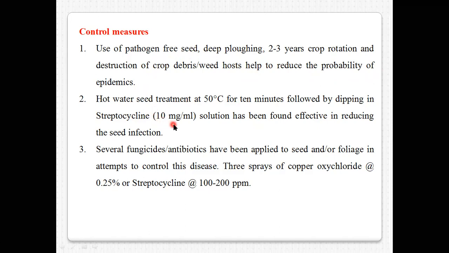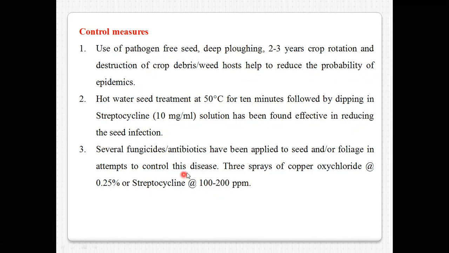Then seeds are treated with hot water at a temperature of 50 degrees Celsius for 10 minutes, followed by dipping in streptocycline 10 milligram per ml solution. This has been effective for reducing seed infection, whether inside or outside the seeds.